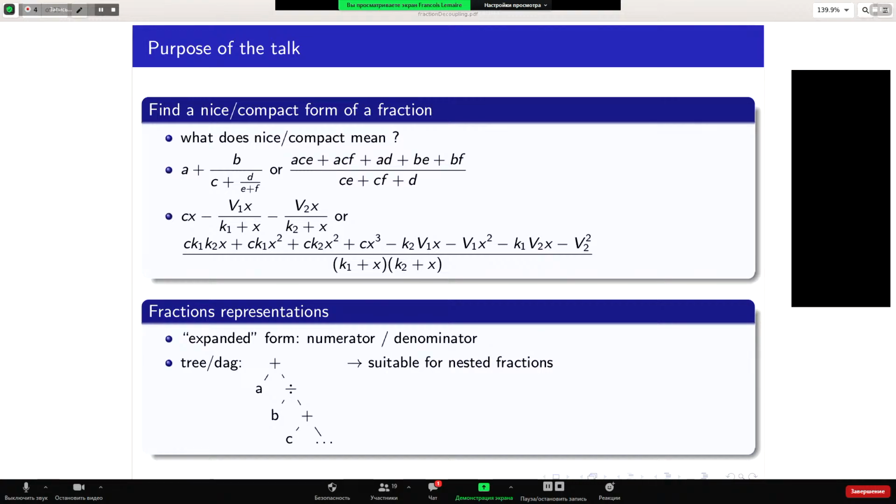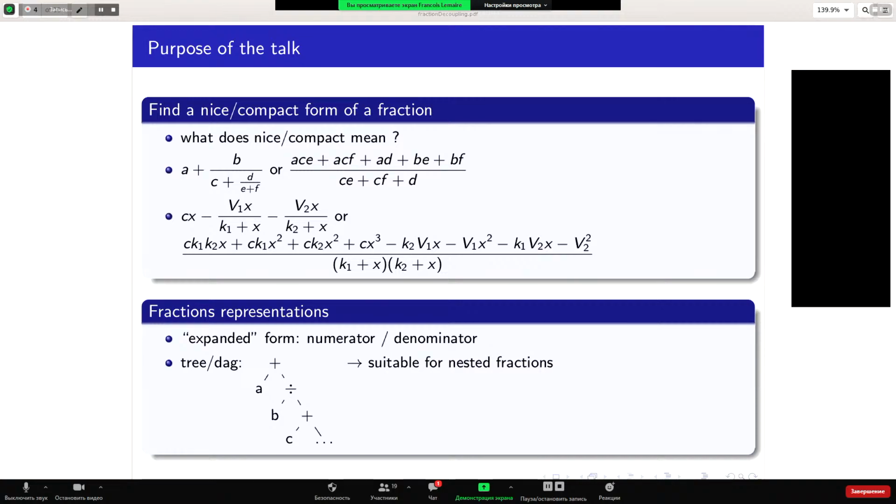And for example, the Cx, which was quite simple, appears now in many different places because it's multiplied by the denominator. So for those two examples, I would say that I prefer the non-expanded form. And the goal of the talk is to recover those forms from the expanded form.